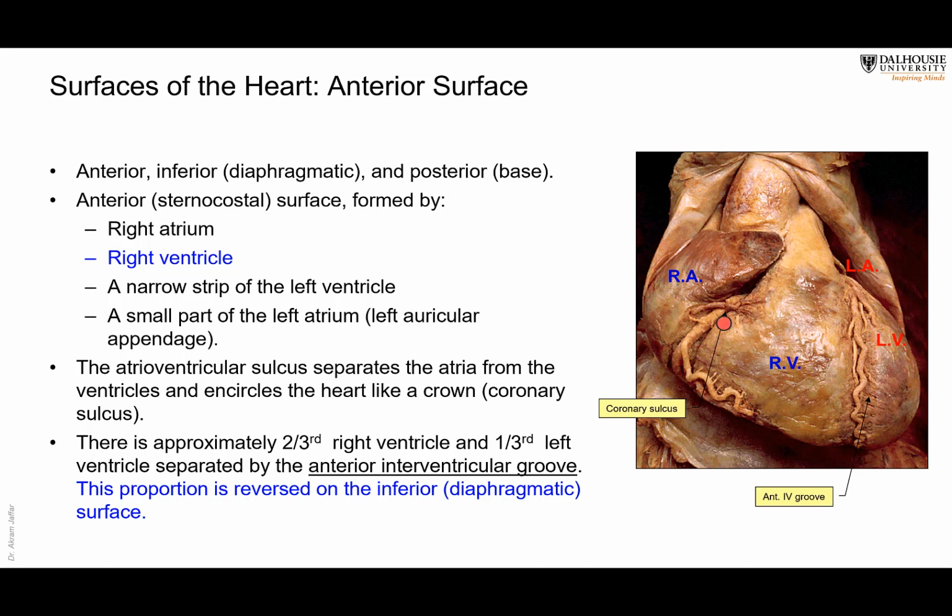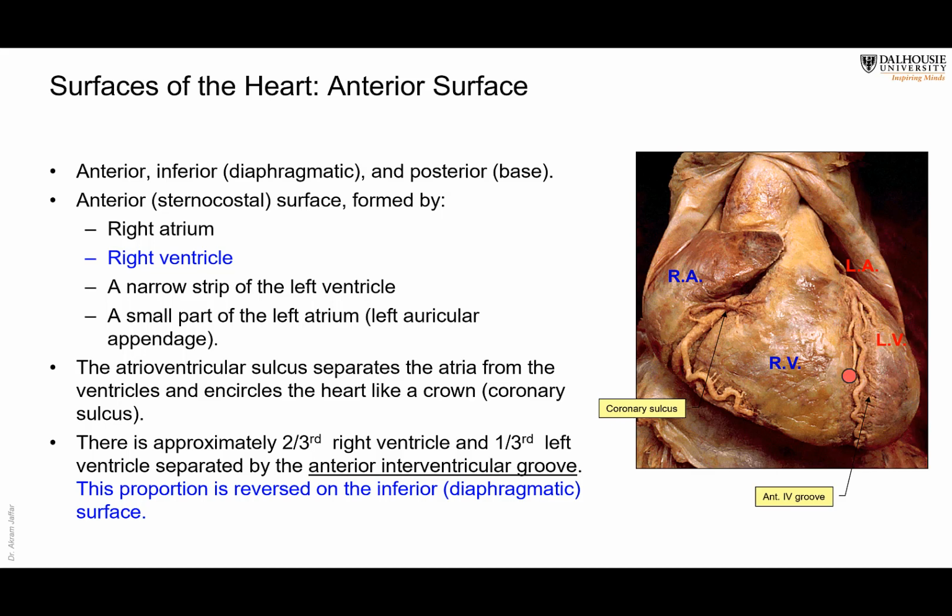In fact, the right ventricle is the biggest chamber that appears on the anterior surface of the heart. And then you will find a very narrow strip of the left ventricle also on the anterior surface. Note that there is another groove, which is called the interventricular groove, as the name indicates, between the right ventricle and left ventricle.